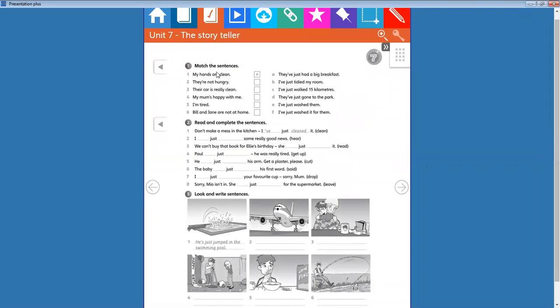So look at the first exercise. You have to match sentences, 6 sentences with other 6 sentences, from 1 to 6 and from A to F.